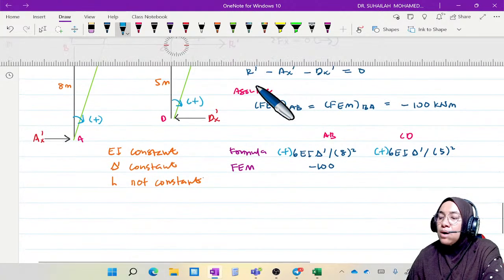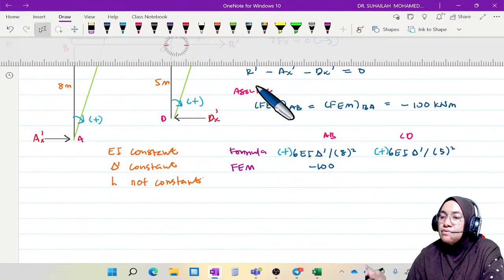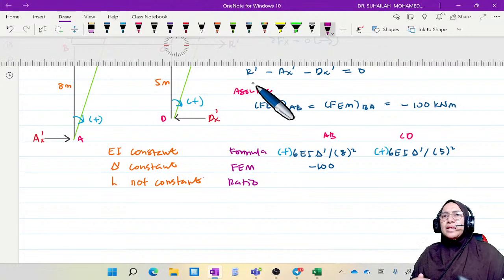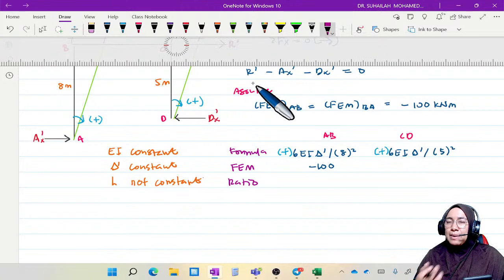Okay, now we will find the ratio. This is the simplest method to calculate the FEM for another member or another column related to the negative 100 that we have assumed.